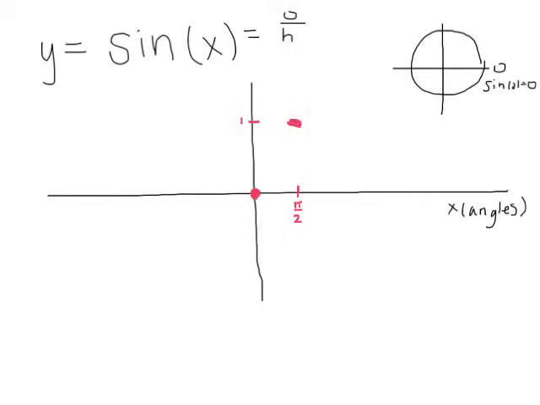Okay, at pi, 180 degrees, now your height is back to 0. And at 3 pi over 2, now your height is down at -1. And at 2 pi, if you complete the circle, your height is back at 0.